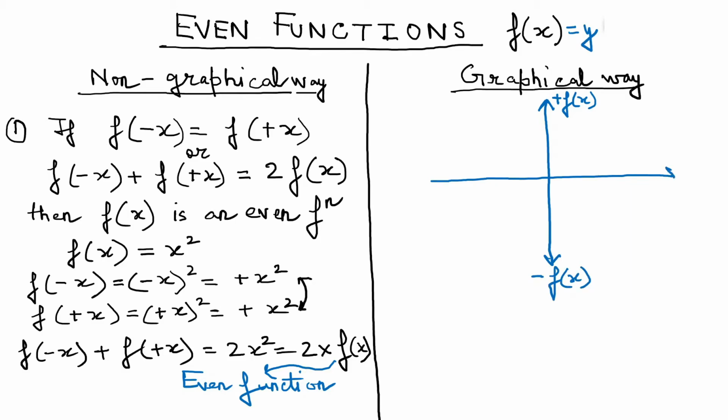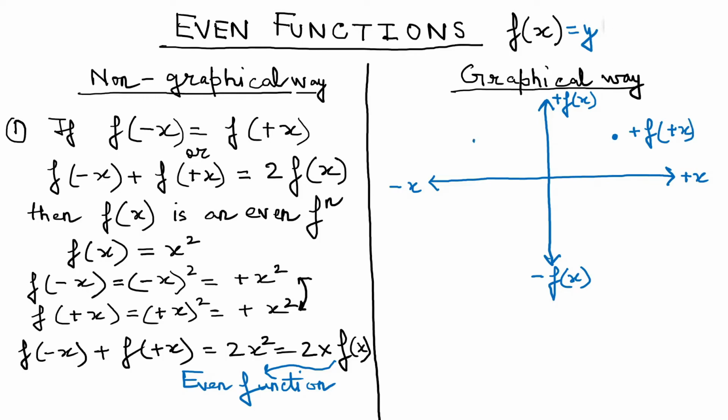The right hand side of the x-axis is plus x, the left hand side is minus x. So if I choose a point in the first quadrant, this point will be represented as plus of f of plus x.